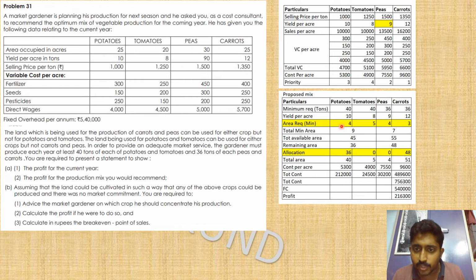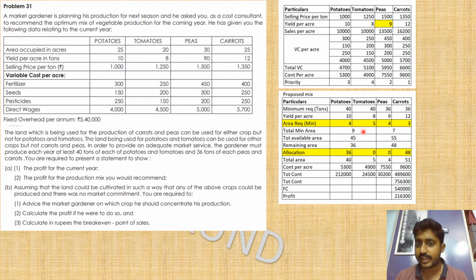So I am putting 4 acres for potato, 5 acres for tomato, 4 acres for peas and 3 acres for carrot. This is the minimum required area, already allocated. I am totaling potato and tomato separately, and peas and carrot separately, because this area cannot be mixed. We discussed this earlier in detail.